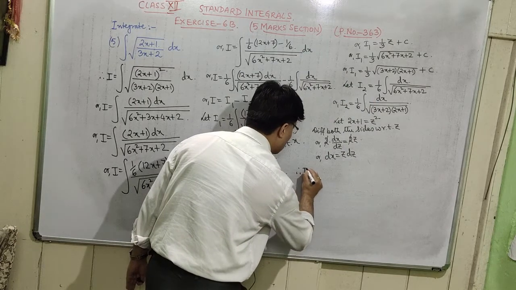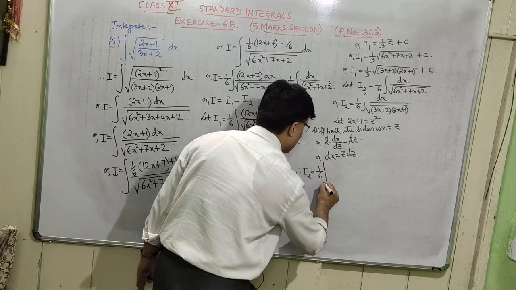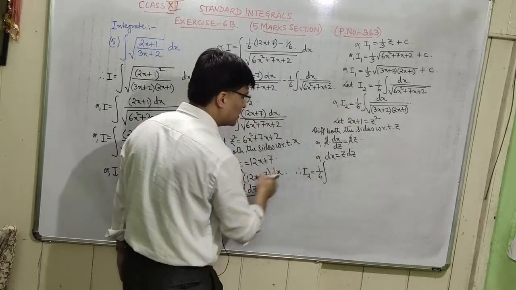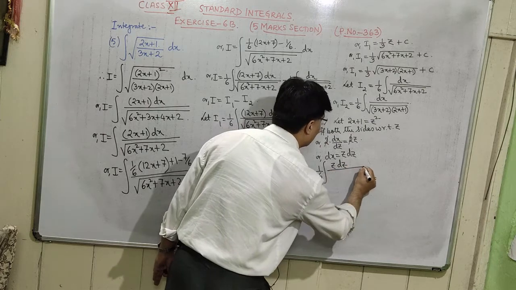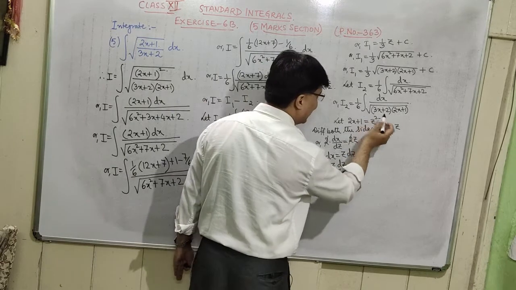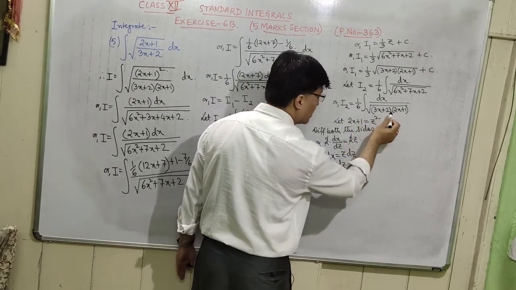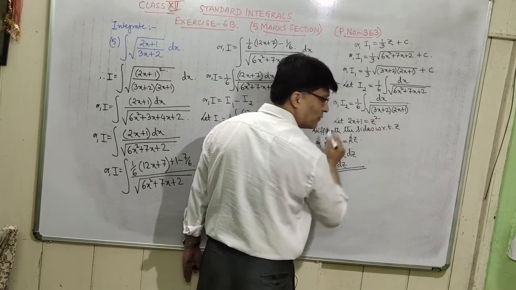So therefore this is your I2 is equal to 1 upon 6 integration of, what is dx? It is z dz. z dz divided by within square root. So we had assumed 2x plus 1 as z square. So in this case you have to put the value for x.